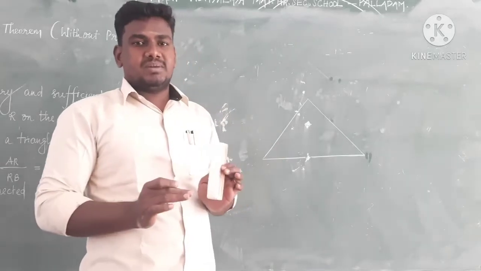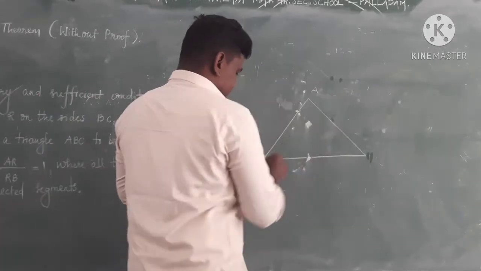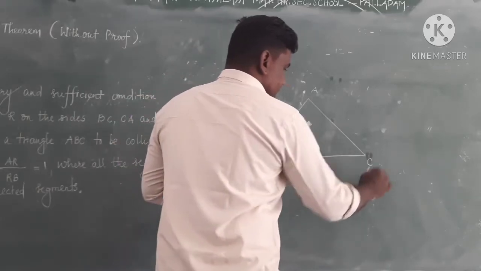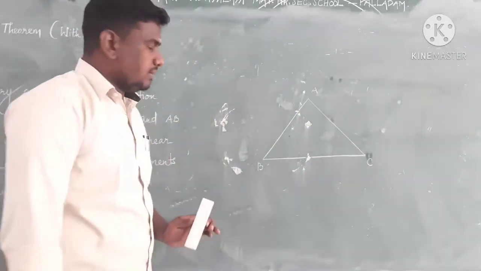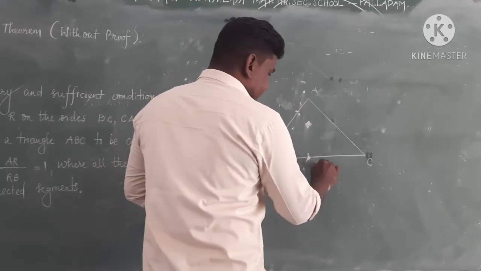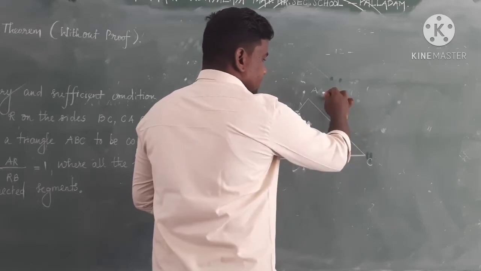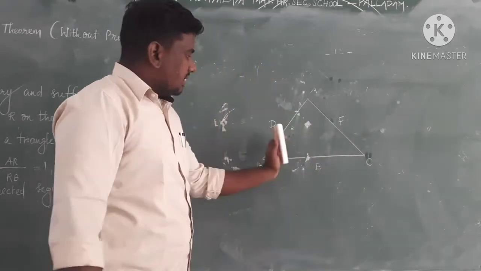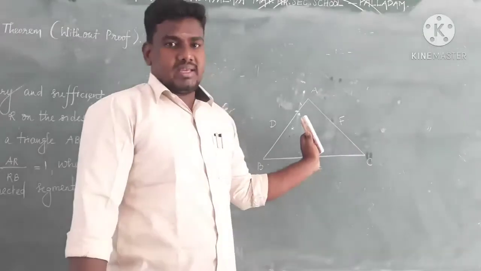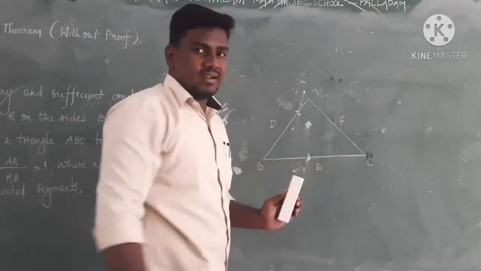How is this possible? If you take A, B, C as the vertices of the triangle, we can take D here and E on the side BC and F on the side AC, it will not be collinear, because if you join the 3 points it will form a triangle.